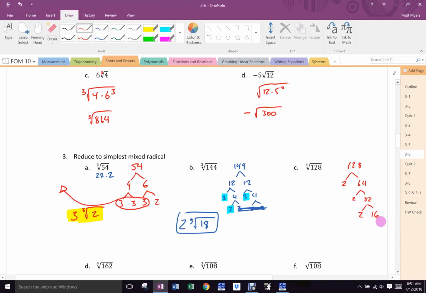I'm going to stop there because I have been practicing math a lot longer than you, and I know that 16 is 2 to the 4th power. There's a group of 4, right? So what comes out? 2, and what stayed under there? 2 times 2 times 2, which is 8.